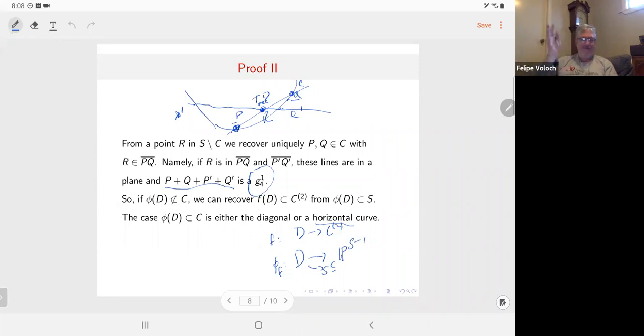Okay. Well, there's this step here that I'm omitting, which is when the point R is one of the endpoints, then I end up with situations like this, right? I have R, which is Q, and then I have a P, and maybe a P prime, and I want to recover this line, this R. And that's when I need no g^1_3.